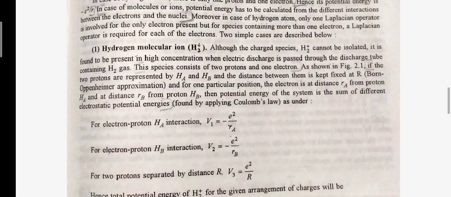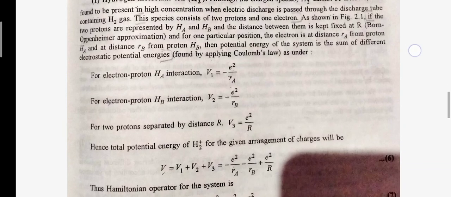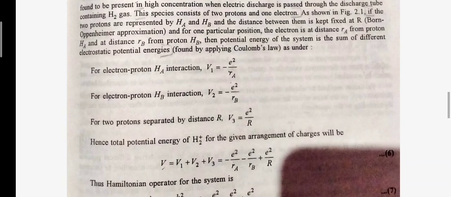For the electron and proton Ha interaction, V1 is equal to −e²/Ra. For the electron and proton Hb interaction, V2 is equal to −e²/Rb. For two protons separated by distance R, V3 is equal to e²/R. Hence, total potential energy of H2 positive for a given arrangement of charge will be this sum.